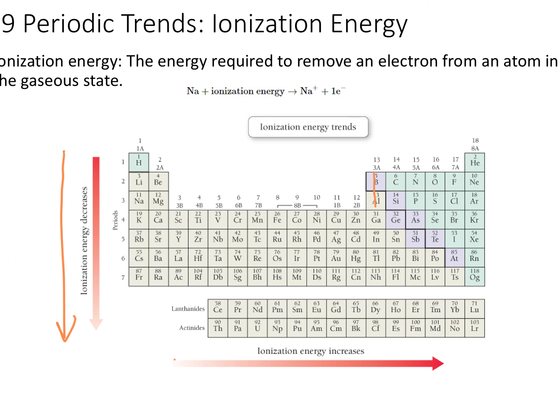And then when we go left to right, remember fluorine, for instance, doesn't like to lose electrons. It likes to gain electrons. That's why it has much higher ionization energy compared to lithium, beryllium, or any other element on the left. Are we good with ionization energy? So if I give you elements, you should be able, based on their location in the periodic table, to know which one has lower or higher ionization energy.